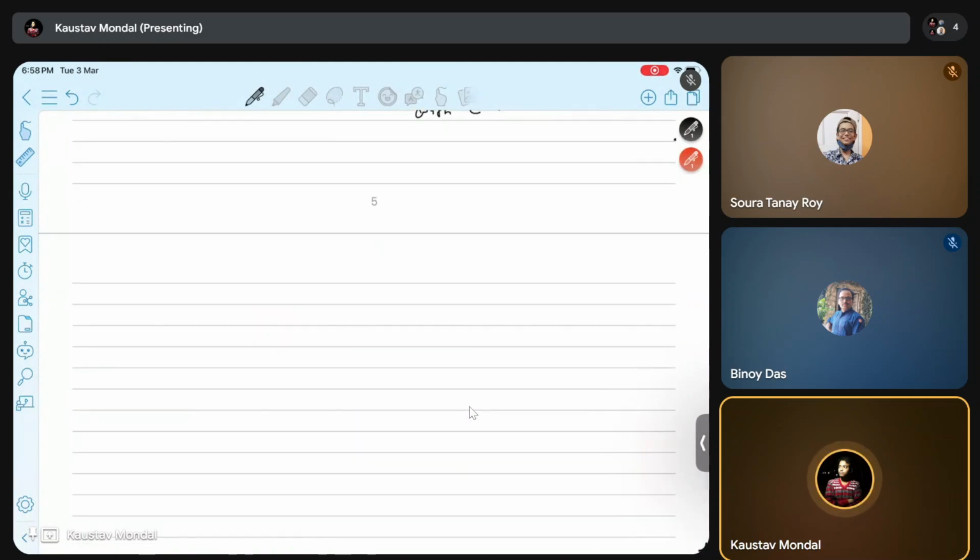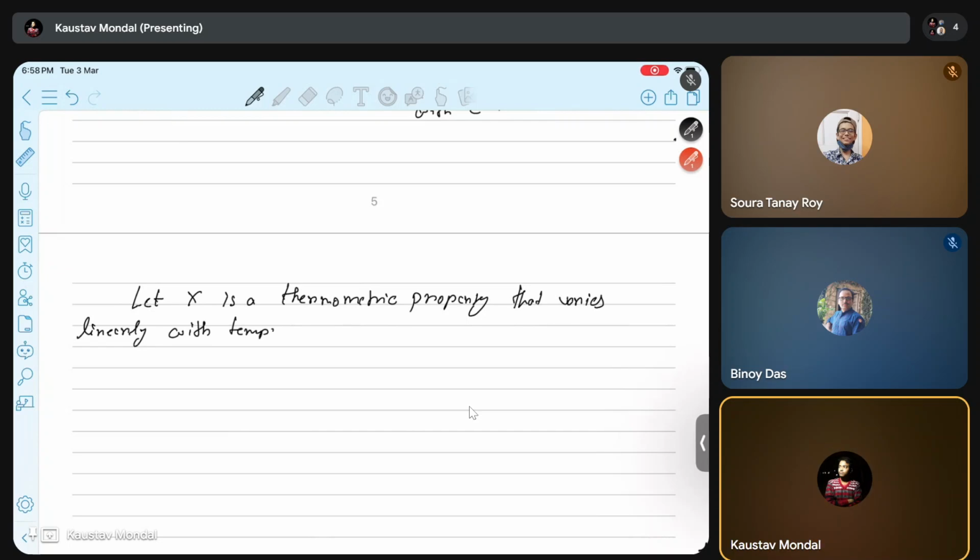To make it easy to understand, initially they considered a thermometric quantity that varies linearly with temperature. So let X be a thermometric property that varies linearly with temperature.